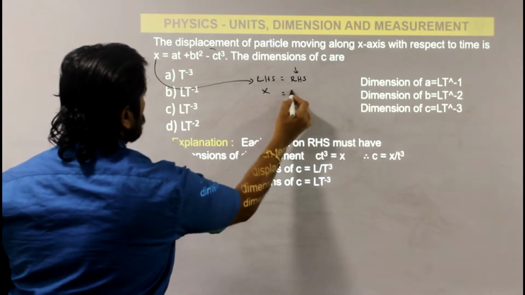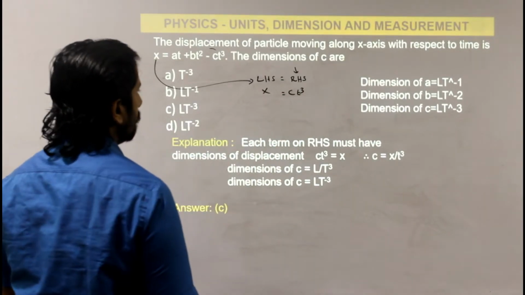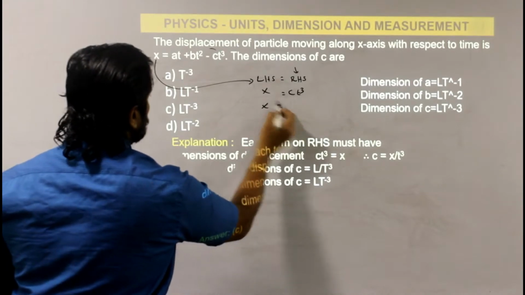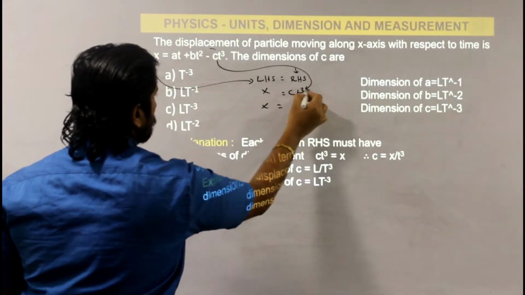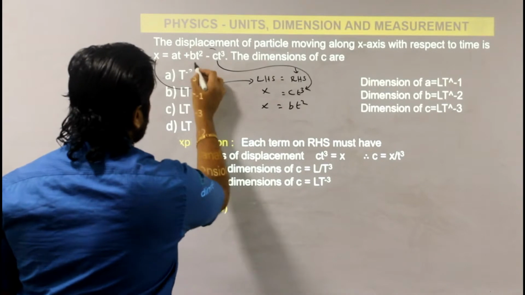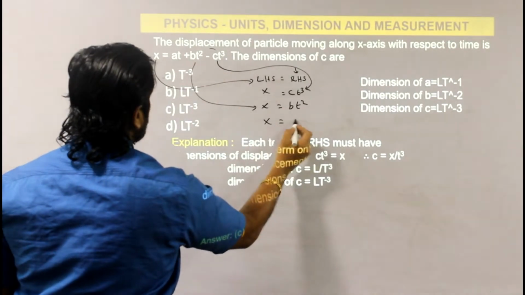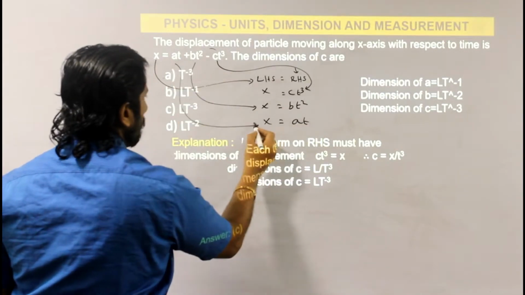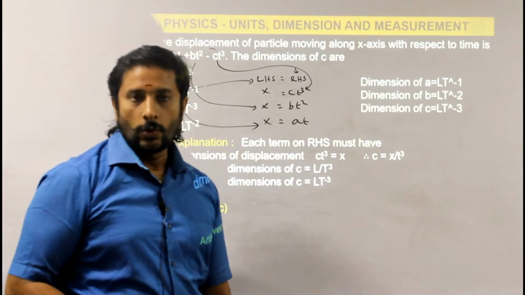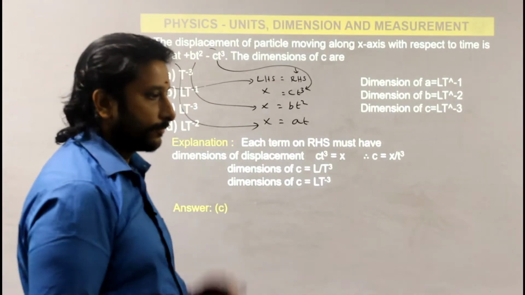So x equal to ct cube, x equal to bt square, x equal to at. Wherever the problem comes like this, you should take it like this.